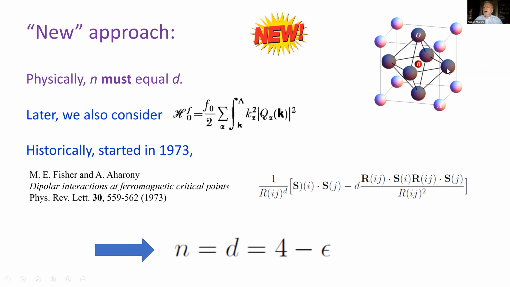Remember, this oxidant is on both this unit cell and the next unit cell. So the activity of fluctuations in the xy plane when the order parameter is in the z direction are much stronger than the fluctuations along z. In fact, some people at one point thought that maybe the problem even breaks into separate two-dimensional problems because the fluctuations in two dimensions are much stronger than in the third direction. That is reflected by this term in the Hamiltonian, and in the last part of my talk, I will return to that. But anyway, what I want to emphasize is that n must be equal to d must be equal to 4 minus epsilon.